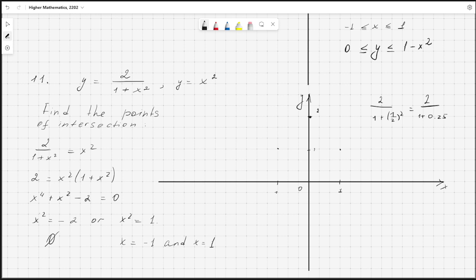This 1 and 6. This 1 and 6 here. This. And this.